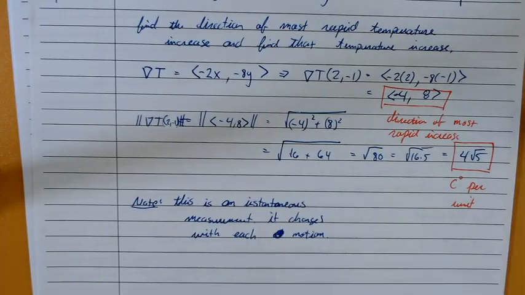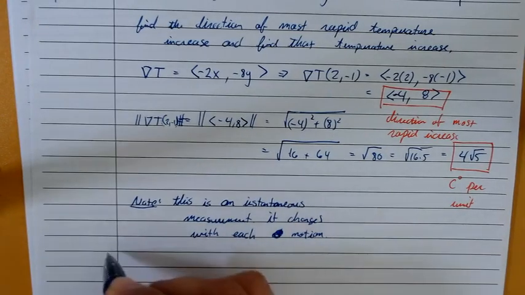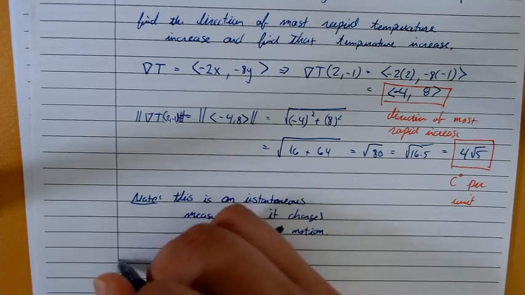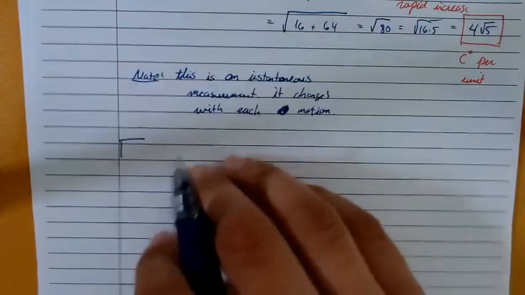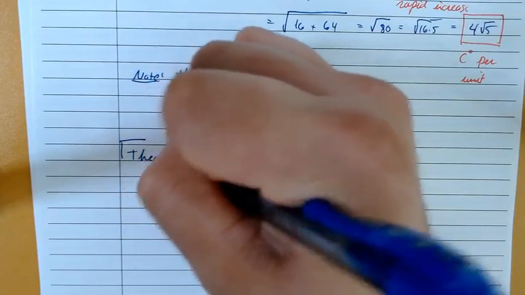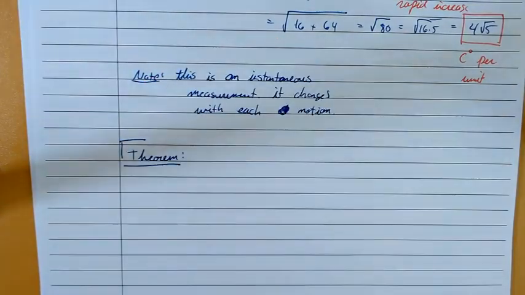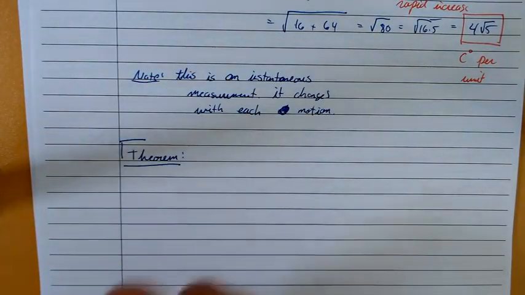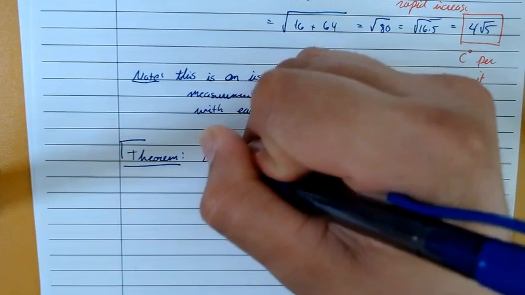All right, now, in keeping with this kind of interpretation of the gradient, let's go ahead and look at this next theorem. Let's begin with a function of two variables.